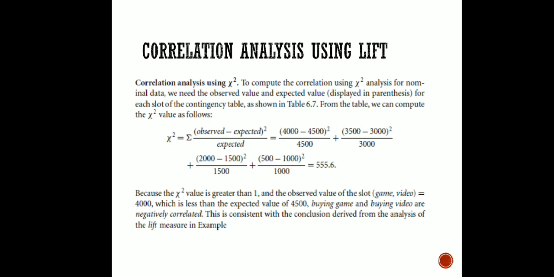Adding them up, it comes to 555.6. Because the chi-square value is greater than 1, and the observed value of the slot is 4000, which is less than the expected value, it is again negatively correlated, right?